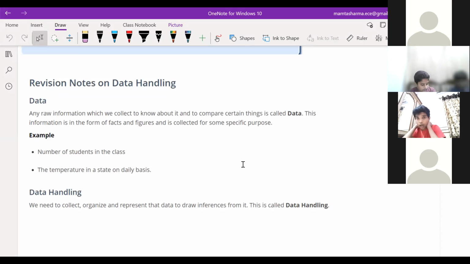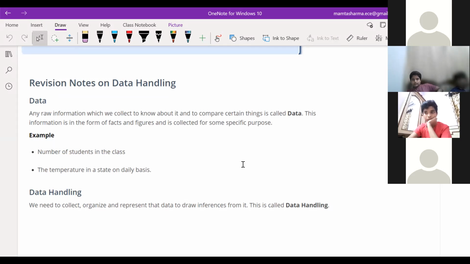She has a register, and your name was written in a table form, right? So your name is the data for collecting attendance.